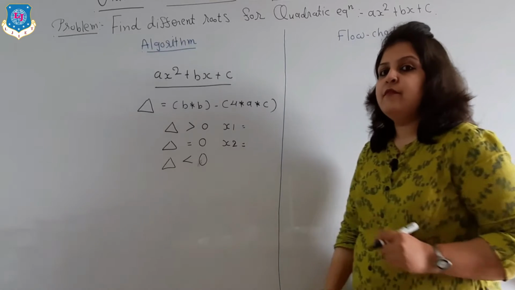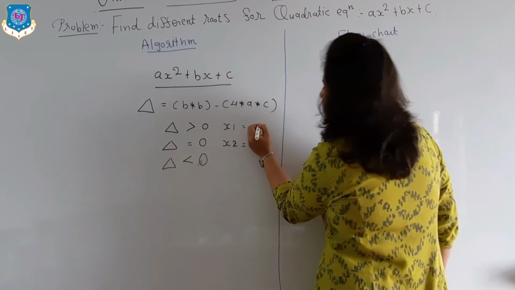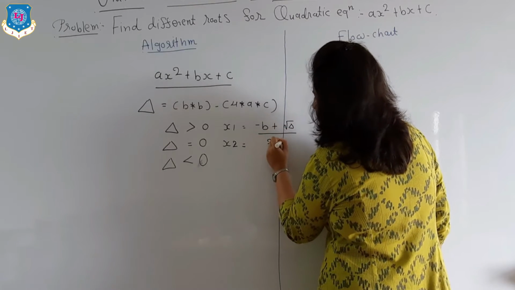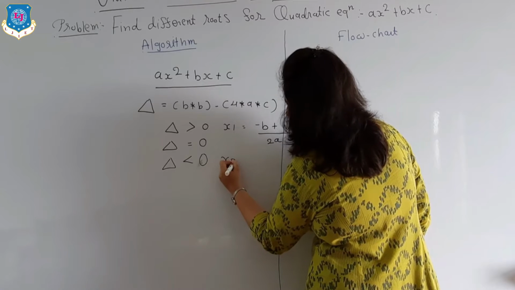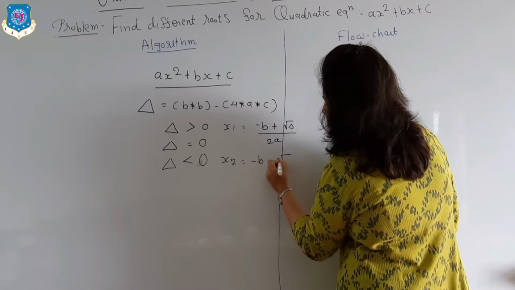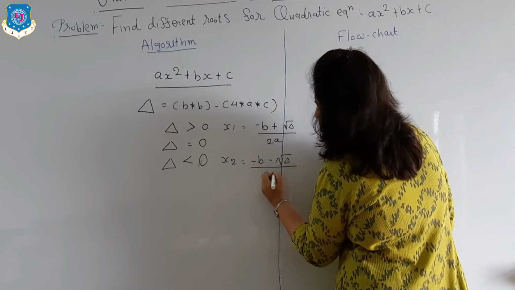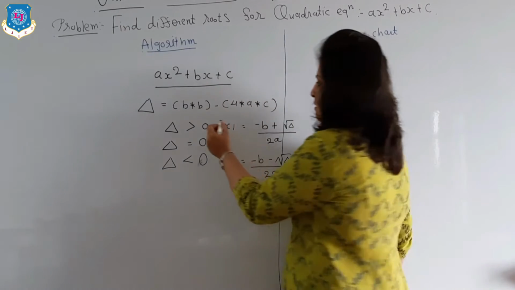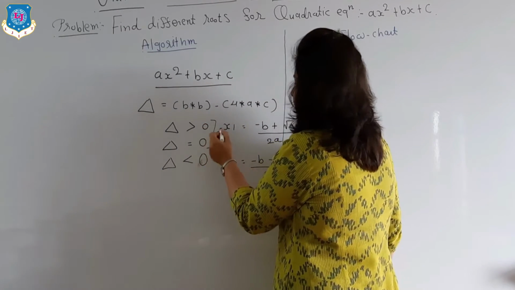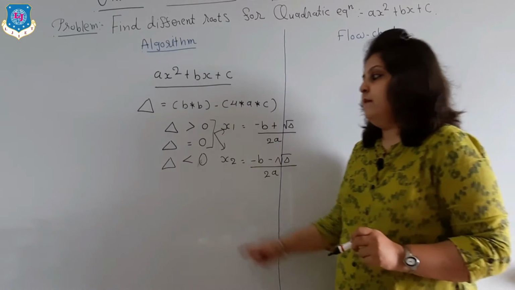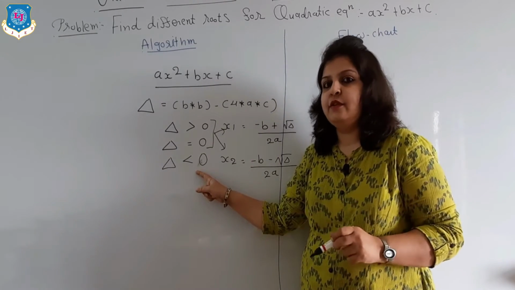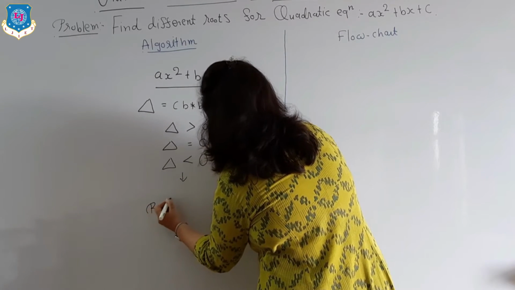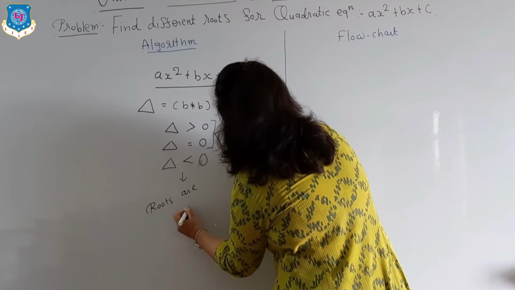The formula for finding a root: x1 is minus b plus root delta upon 2a. Same for x2, but here just the sign is changed, minus b minus root delta upon 2a. This is the possibility for delta greater or equal to 0. But if delta's value is less than 0, in that case we just have to print that our roots are imaginary.